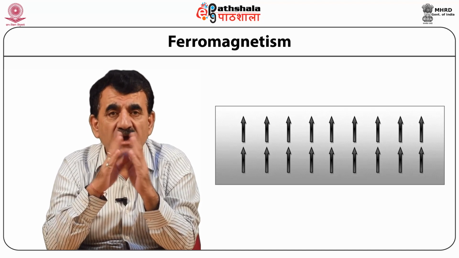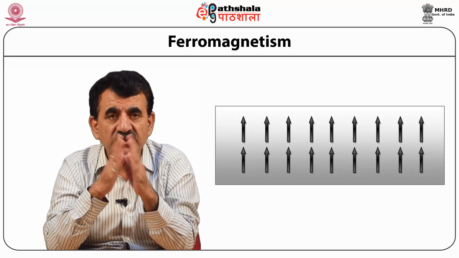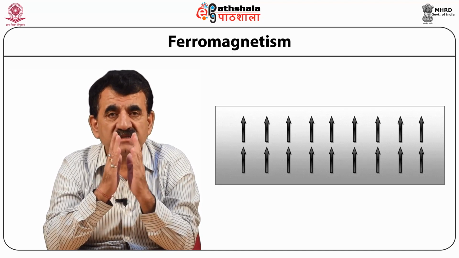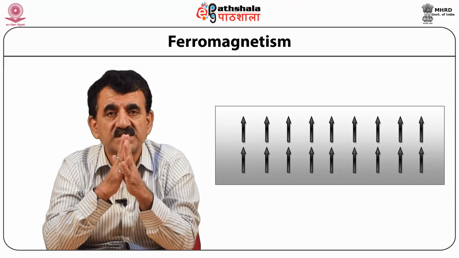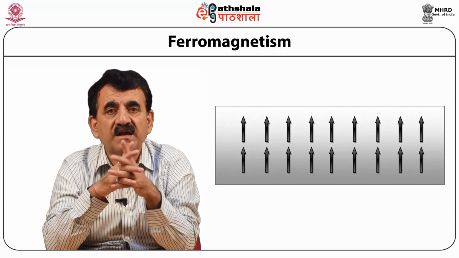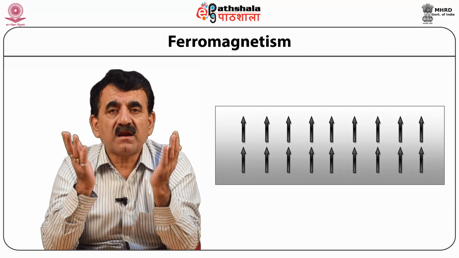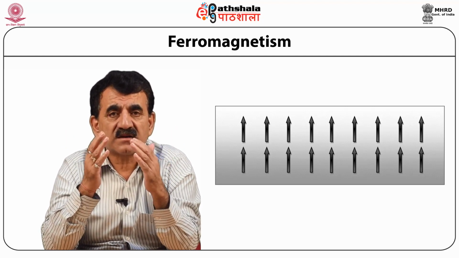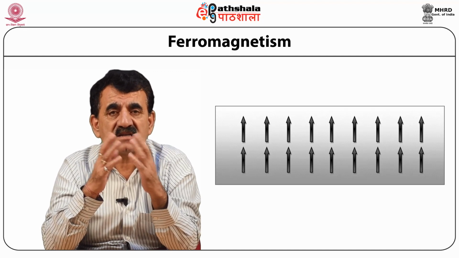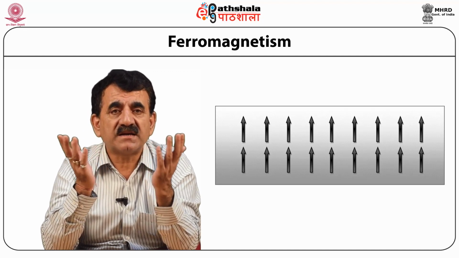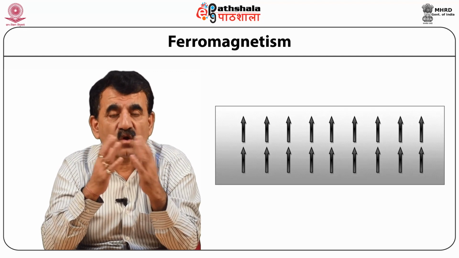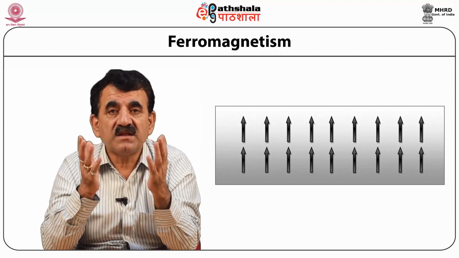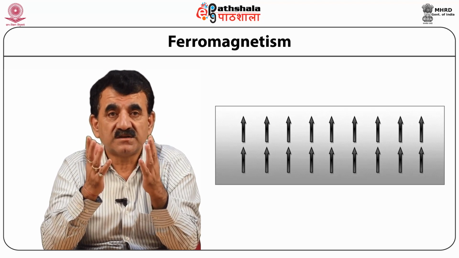Now, for ferromagnetic material, after knowing the basics of Hund's rule and crystal field splitting, the ferromagnetic material exhibits parallel alignment of magnetic moments to one another, resulting in a large net magnetization, which we call spontaneous magnetization, even in the absence of a magnetic field.